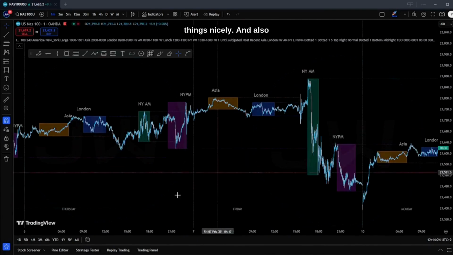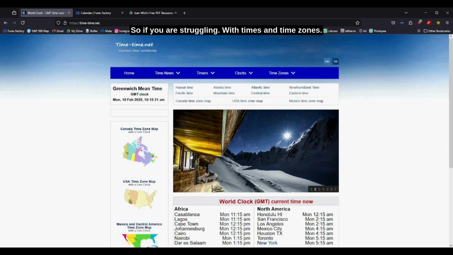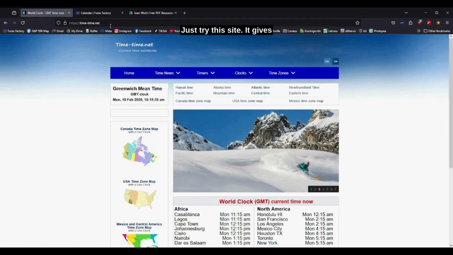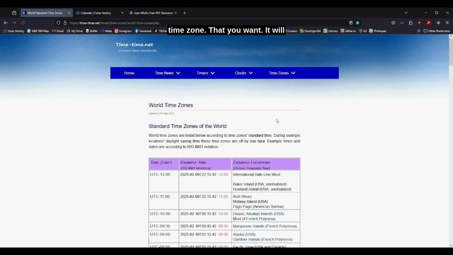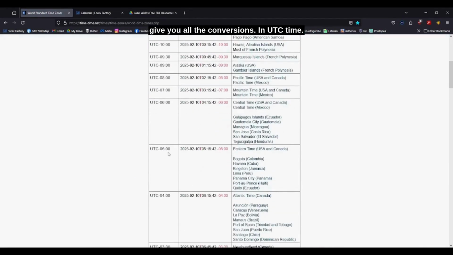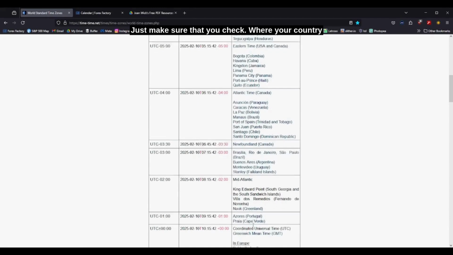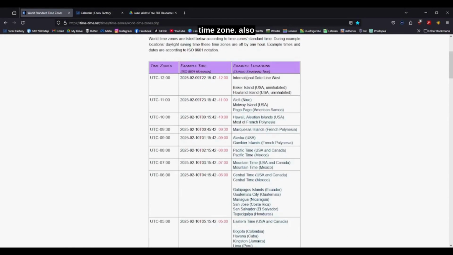And also just another interesting note. If you are struggling with times and time zones, just try this site. It gives you the clock currently in whichever time zone that you want. It will give you all the conversions in UTC time. Just make sure that you check where your country is, that time zone that you're using.